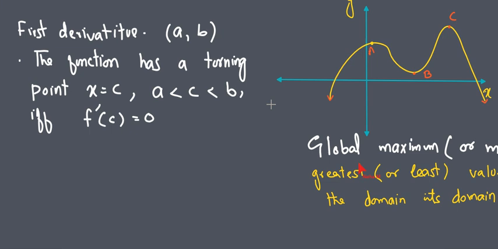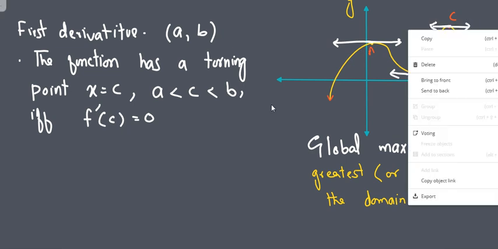What does that mean? When I take the first derivative of that function, I get another function, and when I substitute that value, in easy words I can say that if I make the tangent at that point, it would be parallel to the x-axis. I am making the tangent at the point B and at the point C. You can see the tangent line that I am making on the local maximum, local minimum, or global maximum or minimum.